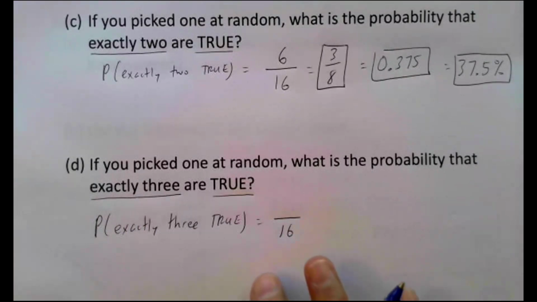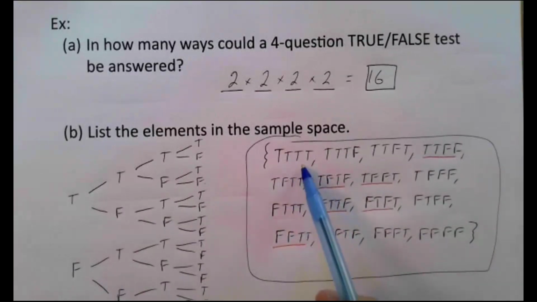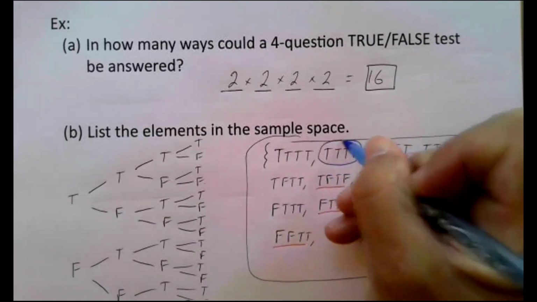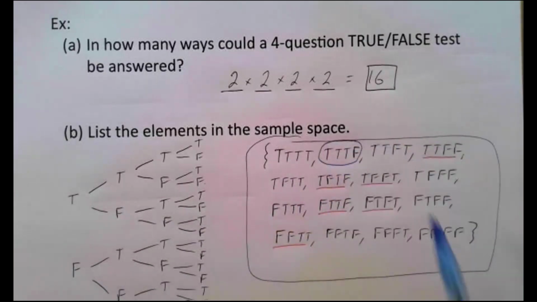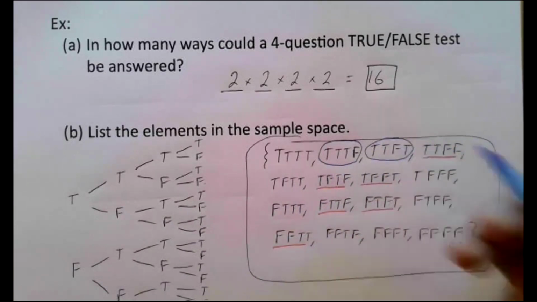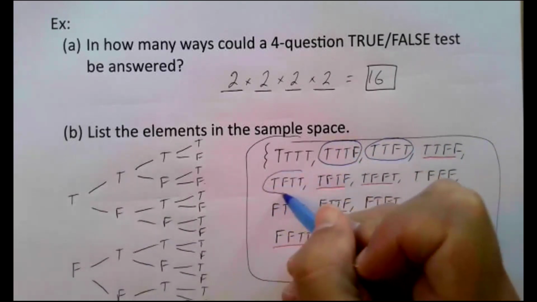Exactly 3 are true. Let's see, that has 4 trues in it. This one has exactly 3 trues. That one has exactly 3 trues right there. There's 2. This one also has exactly 3 trues.